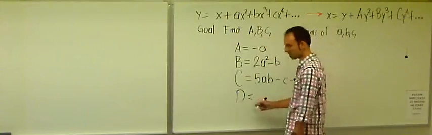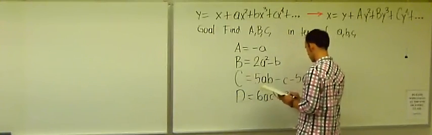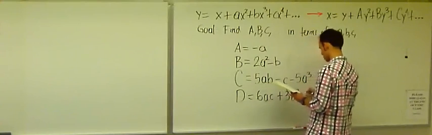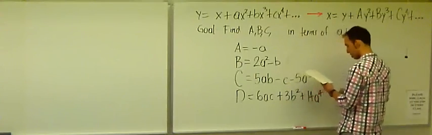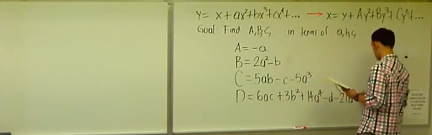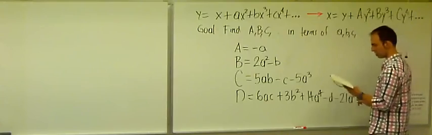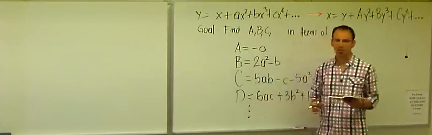If you don't see how you would do this, then I encourage you to actually do it and get these expressions. D is equal to this, and so on. And they get uglier and uglier as you go on.